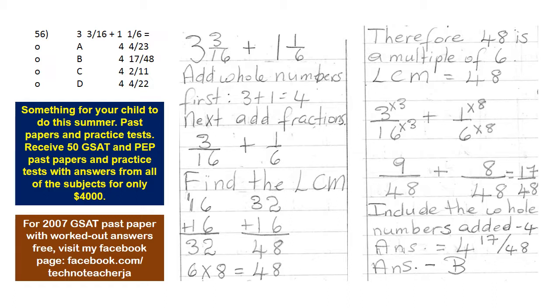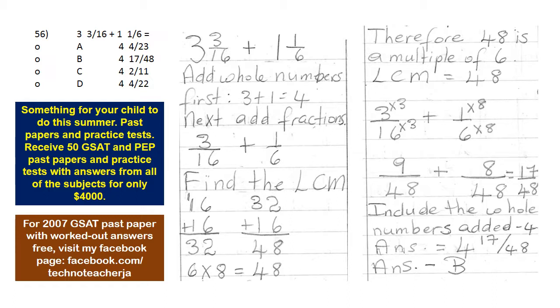You have multiplied the denominator by 3, so multiply the numerator by 3 also. So 3 times 3 is equal to 9. So 3 over 16 becomes 9 over 48.